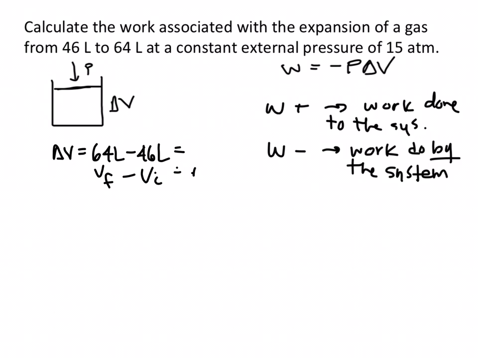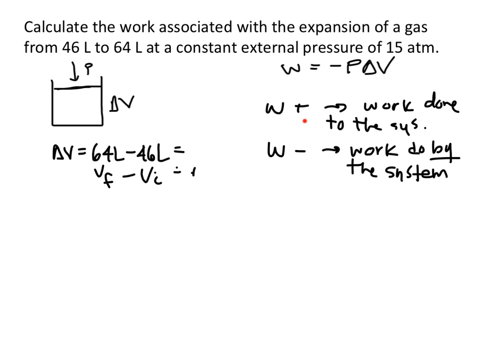Now, if we look at this equation over here, our delta V value would be positive. If the negative sign was not included in this equation, that would give us a positive W value.